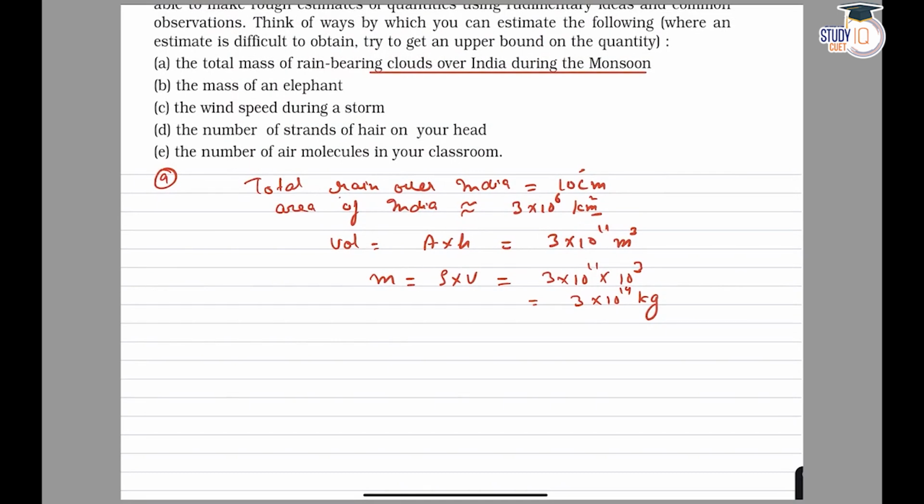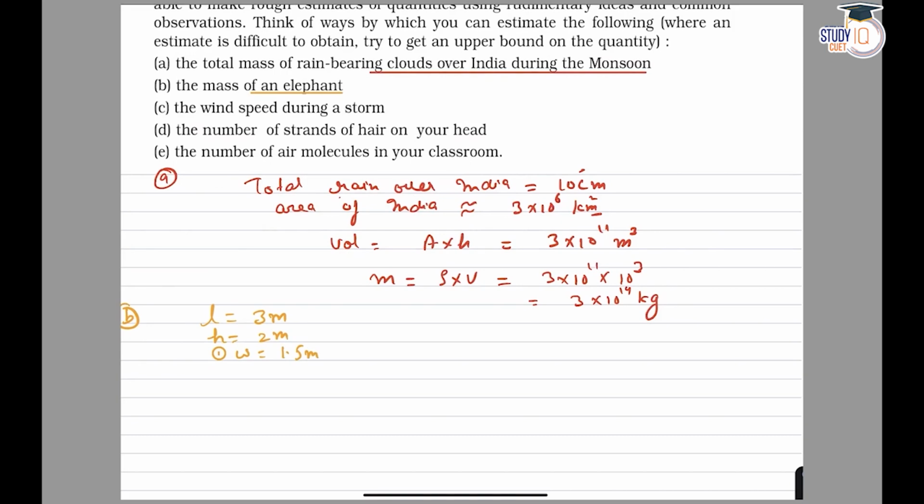Now the second part is, what is the mass of an elephant. So roughly we can assume an elephant having, let's say, length of elephant equal to, on an approximation, 3 meter, height of elephant equal to 2 meter, and the width of elephant, let's say, equal to 1.5 meter.